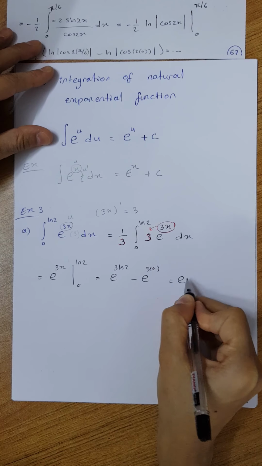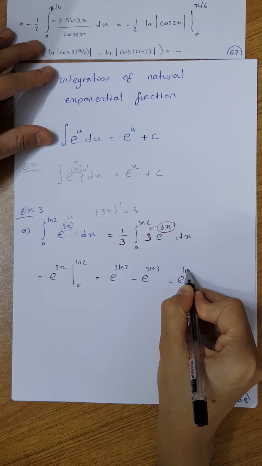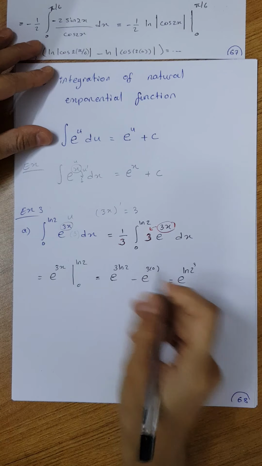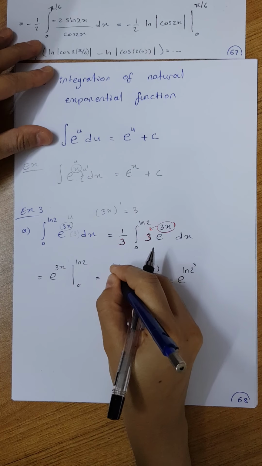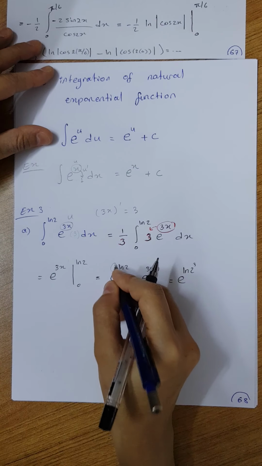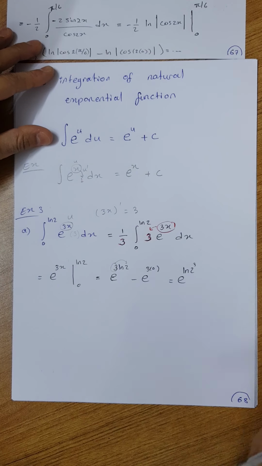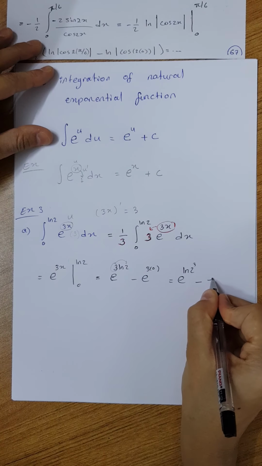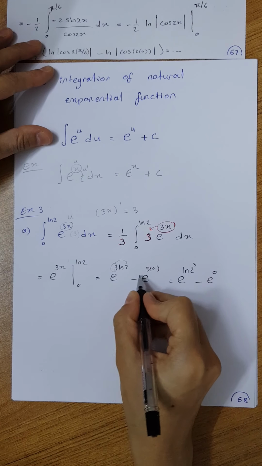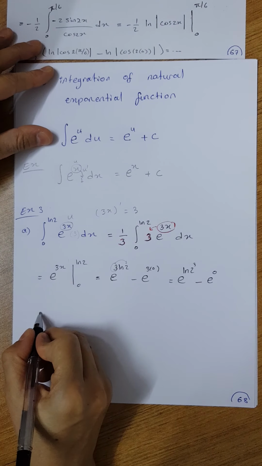E to the power of ln of 2 to the power of 3, because as we know, according to the rules of logarithmic functions, that 3 will become the power of 2, minus e to the power of 0, because 3 multiplied by 0 is 0.